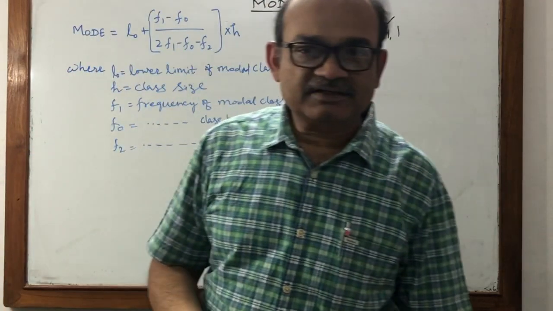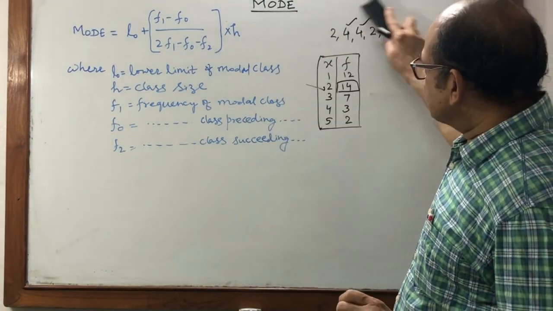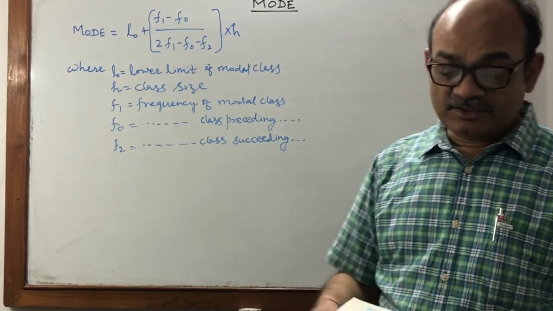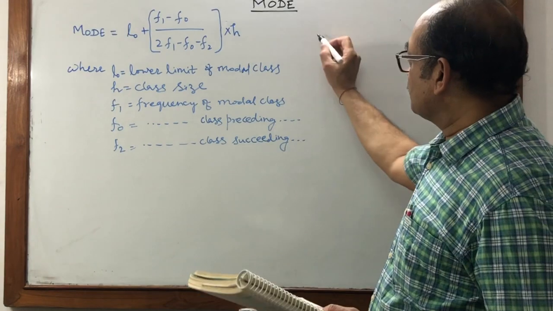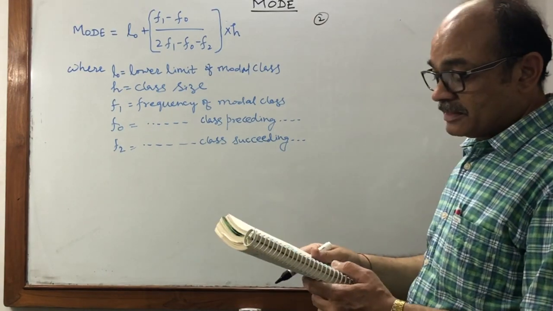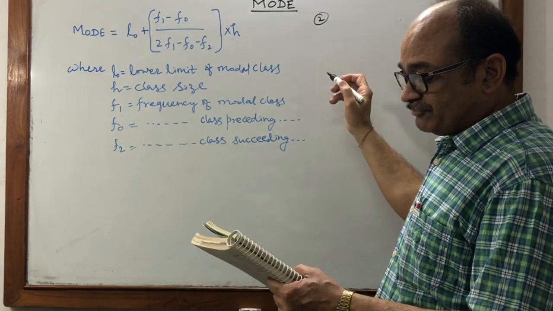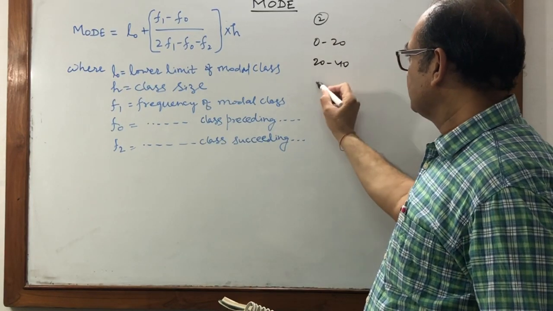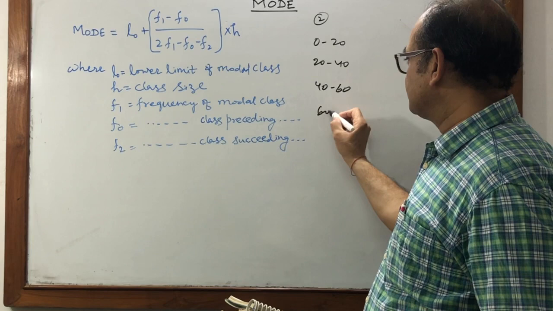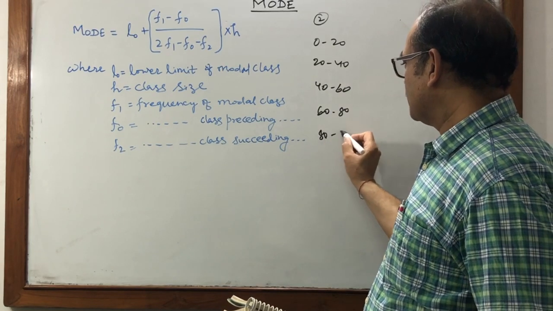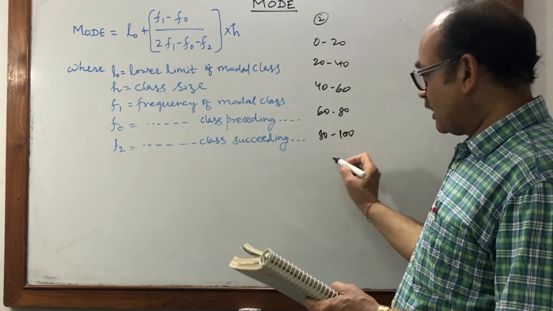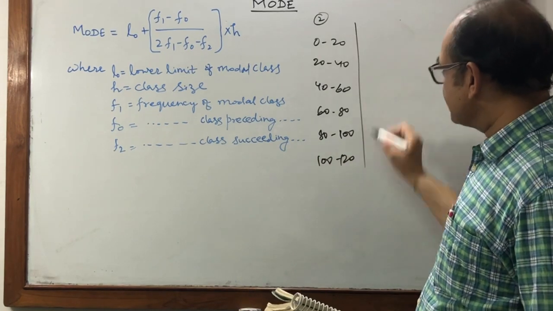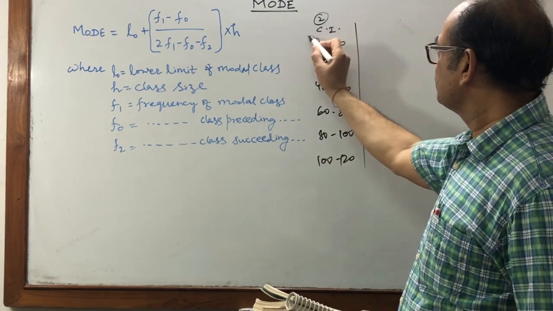Now we come to the class 10th course. Class 10th starts with class interval, that is grouped data. For example, take the second sum of your book. Given lifetime in hours 0 to 20, 20 to 40, 40 to 60, 60 to 80, 80 to 100, 100 to 120. And the frequency is also given to you.